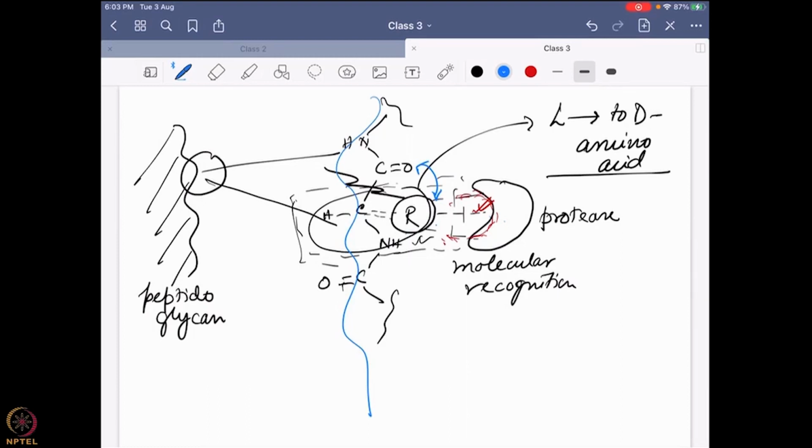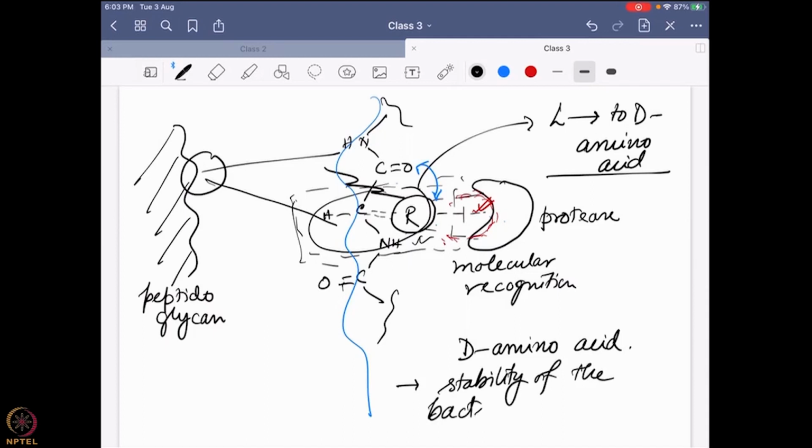And it is found that in reality some of the D amino acid inclusion actually increases what is called the virulence, or I would generally say the stability of the bacterial cell wall, even in the presence of the protease.